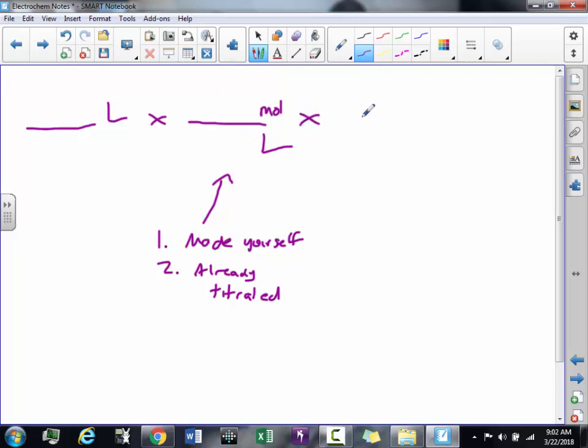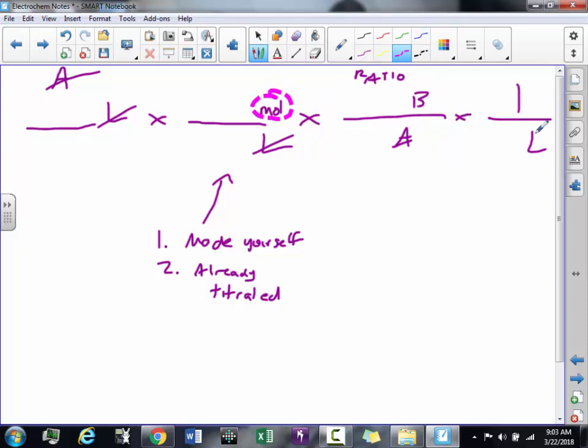And the next step is that you need some sort of ratio. And then usually the way that I write my last step is I write 1 divided by a liters number. And what ends up happening is really this liters cancels with that one. If this is item A, it cancels this A down here. If this is item B, you're now left with moles per liter of item B. In this example, we're looking for the moles per liter of iron 2+.